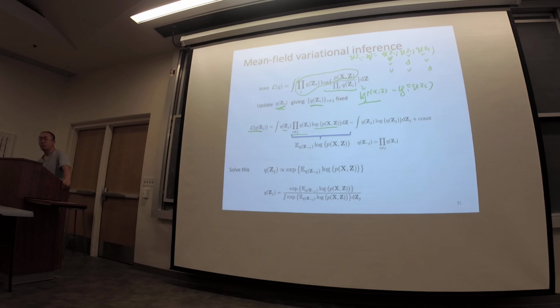This part is essentially an expectation of the log joint probability under Q of z not j, where Q of z not j is defined to be the product of the approximate posteriors other than Q of zj. That's it.